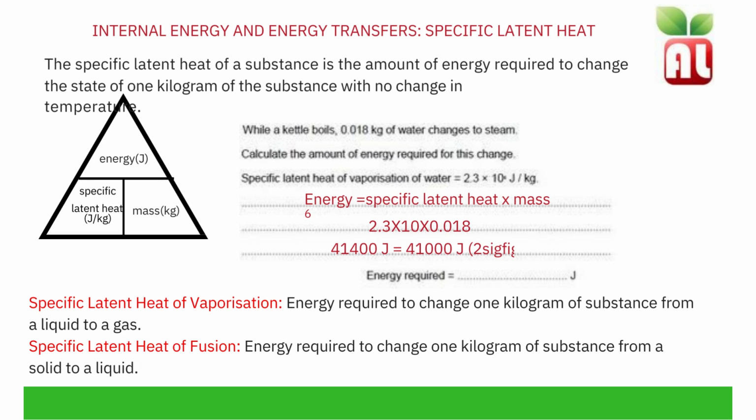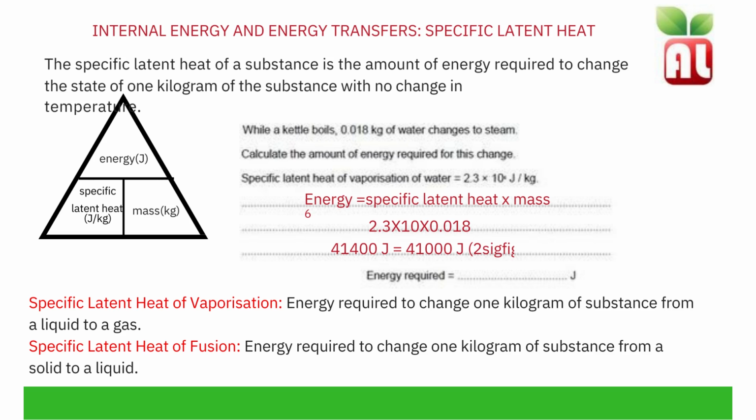Be aware in exam questions, if they are asking specifically about a substance changing state, then you use specific latent heat data. If the substance is purely increasing or decreasing in temperature by either heating or cooling, you will be using the specific heat capacity data.